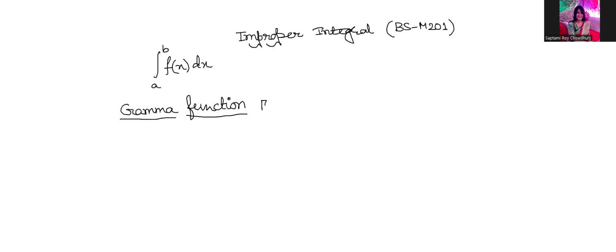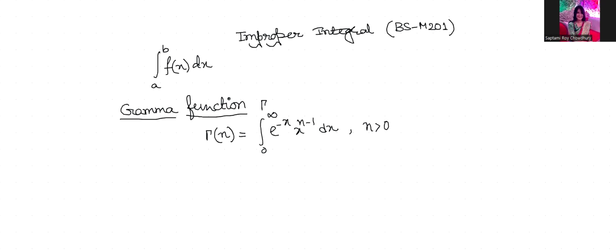Now, capital gamma of n is defined as the integral from 0 to infinity of e to the power minus x, x to the power n minus 1 dx, where this n is obviously greater than 0.